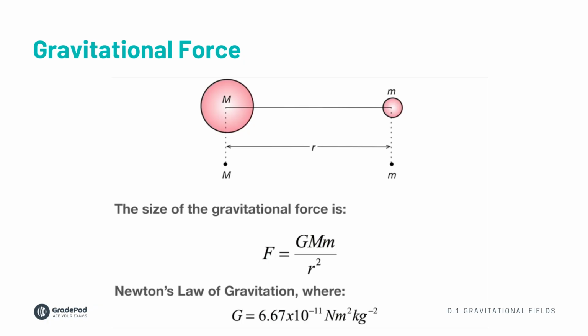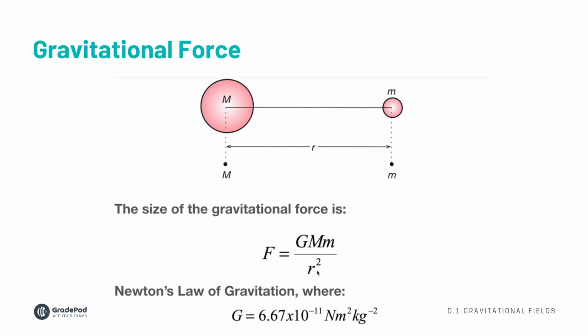We previously said that the size of the gravitational force is proportional to the product of the masses. So force is proportional to the product of the masses. We also said it was indirectly proportional to the square of the distance.